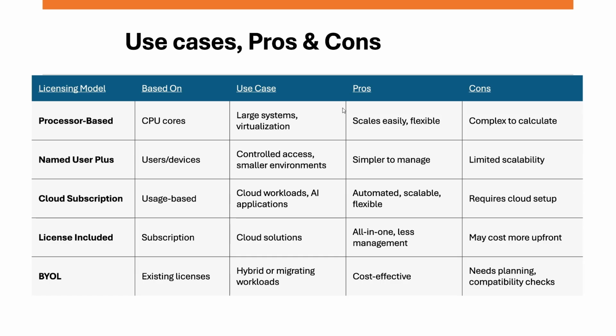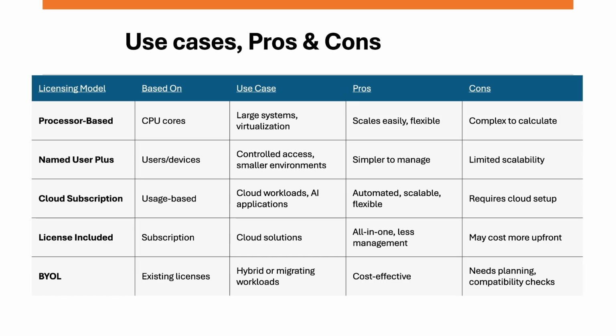Coming to the named user plus licensing, this is calculated based on the users and devices. It is used for smaller environments, where you have controlled access, and it is simple to manage. It has limited scalability.